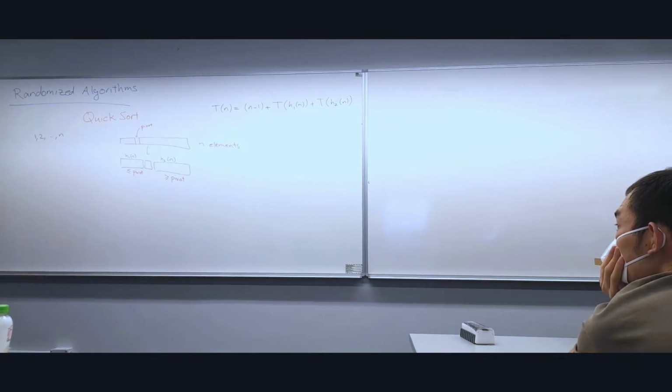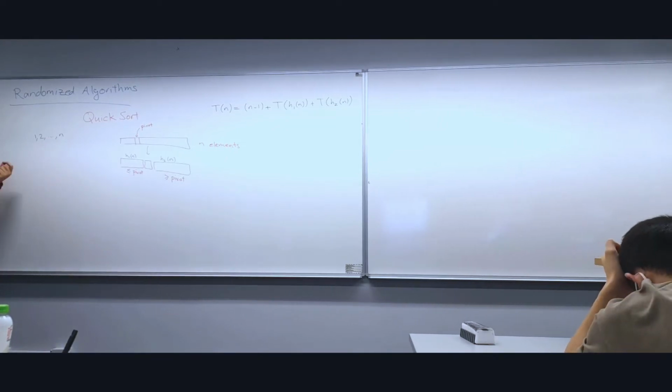So I can assume that every permutation is equally likely. So I'm choosing a permutation uniformly at random, and then using that permutation as the input to my QuickSort. And then I can talk about the expected runtime, or the average runtime of my QuickSort.